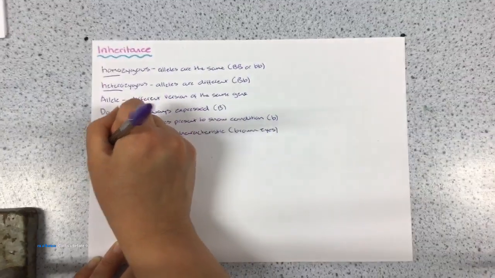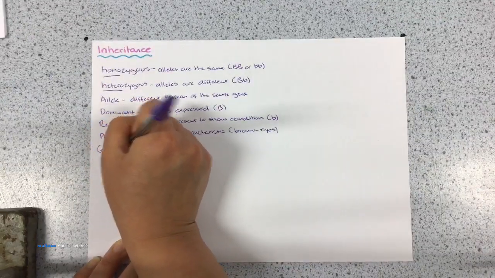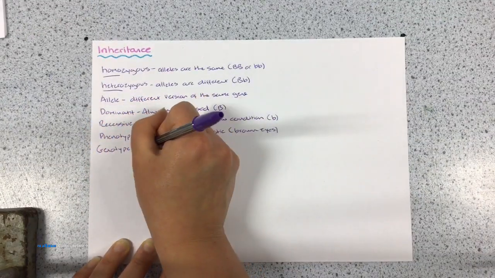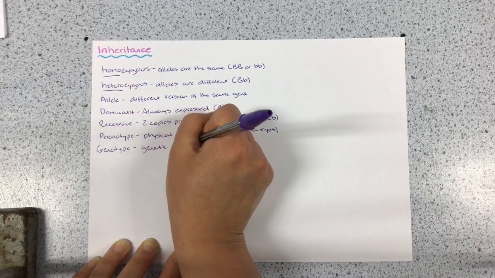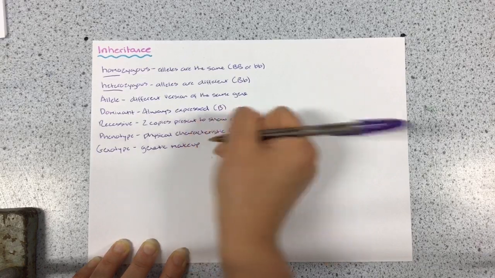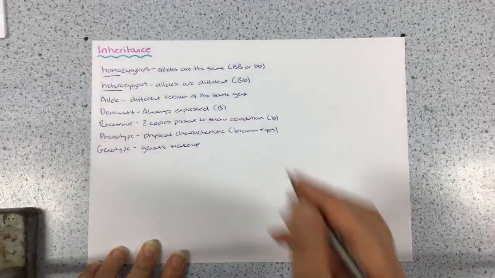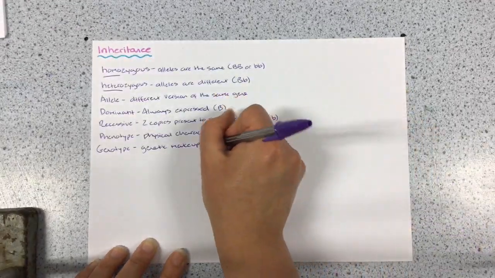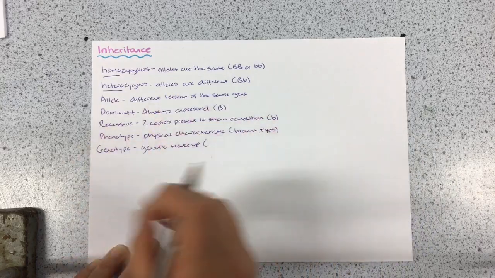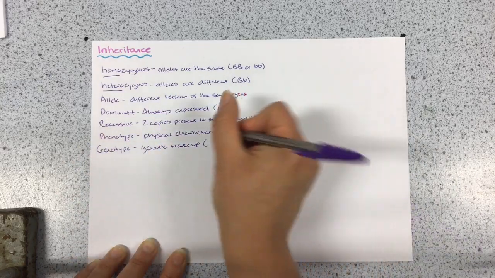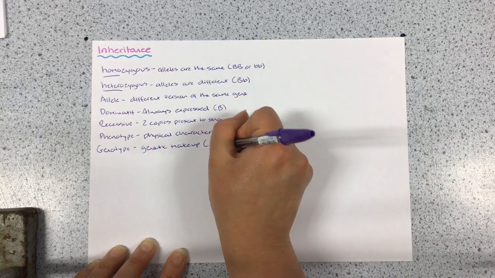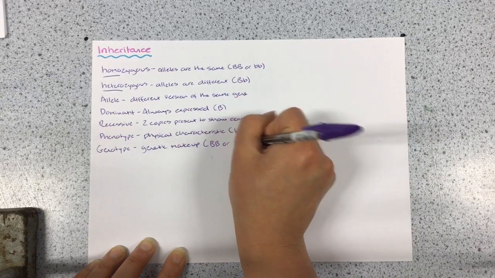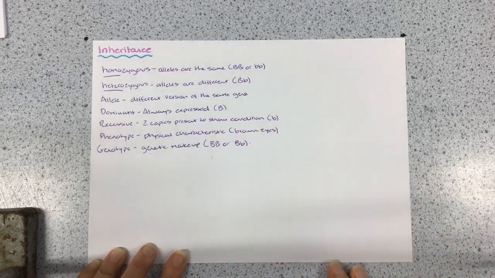The genotype is the genetic makeup, and that is always two letters. If you are asked for a genotype, it means which two letters, so it's always going to be two letters. I can't say that enough. So for example, someone with brown eyes, their genotype could be big B, big B, or could be big B, little b. I'm going to show you why that is possible now.